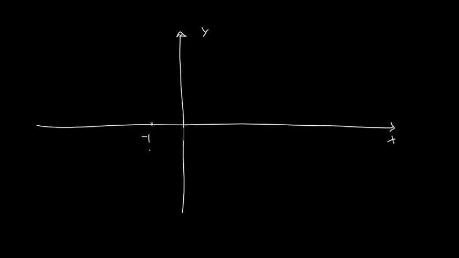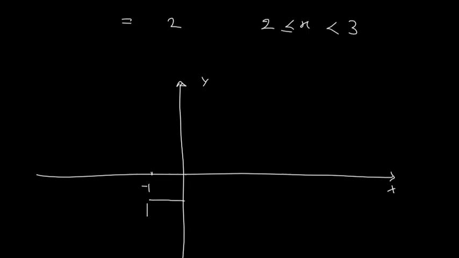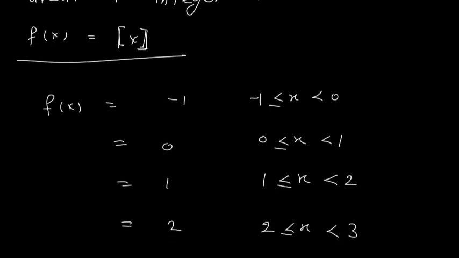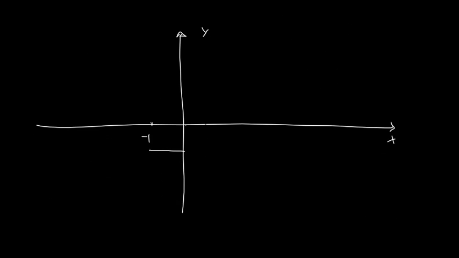I will show from here to here a straight line. When the value of x is -1, the result is -1. When the value of x is 0, it is not -1, its value is 0. So I will show an open circle at this point.